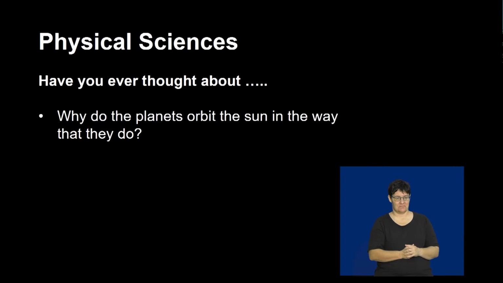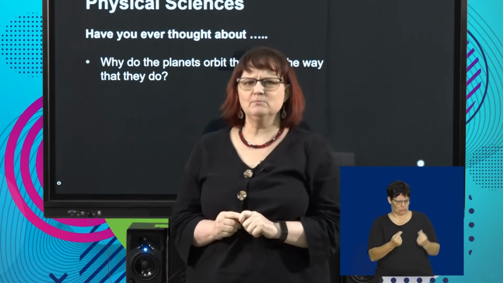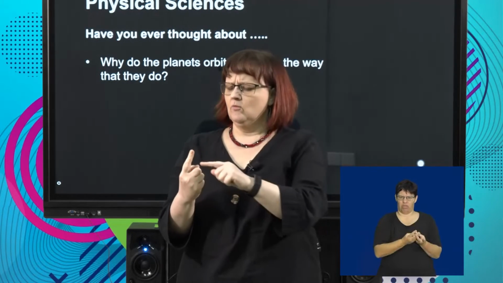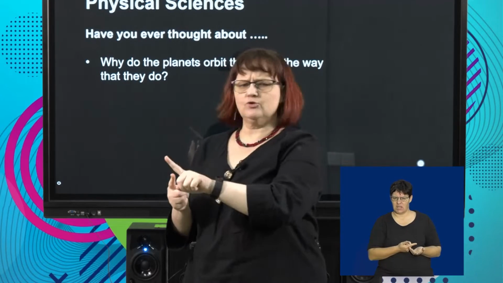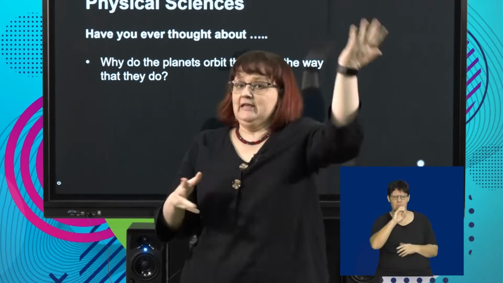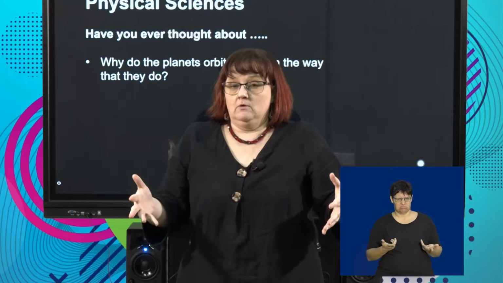So, have you ever thought about why the planets orbit the sun in the way they do? Why does the moon go around us like it does? And why does the Earth go around the sun the way it does, or Mars, or Venus, or any of them?